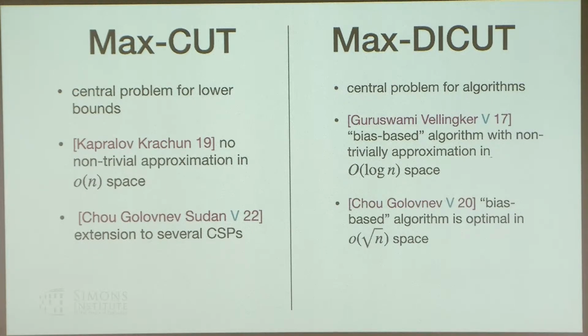In a later work with Chi-Ning and Sasha, we showed that this algorithm is optimal. If you want to beat it, you need at least square root of n space. And in a further joint work with Madhu, we showed that this result can be extended to all CSPs, and we gave a full dichotomy characterization.